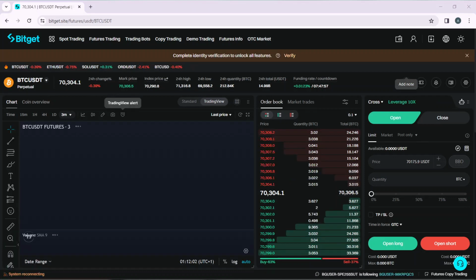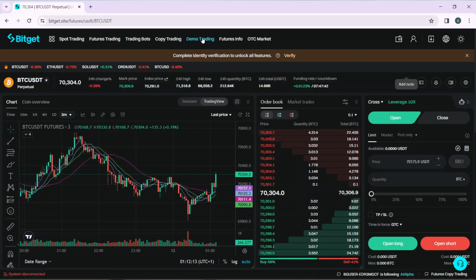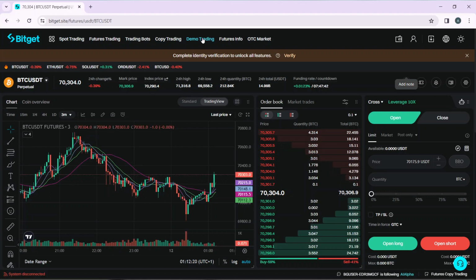All right, so once you move your cursor to demo trading, you're going to find what looks like an extended menu. So waiting for that extended menu.